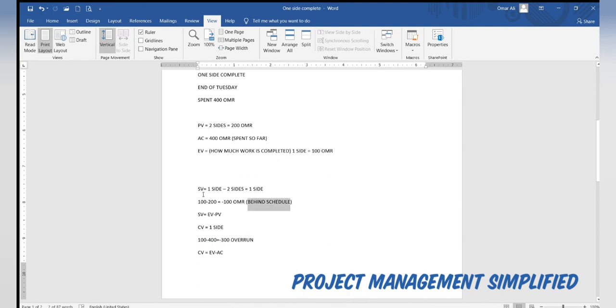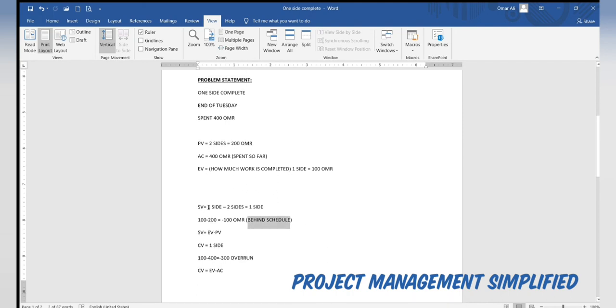Why is it behind schedule? Because we have finished only one side, but according to the schedule it should be two sides on the second day. So we are one side behind, which is negative here. Change it to monetary; it has to be calculated by money.